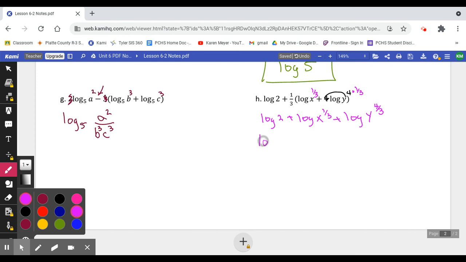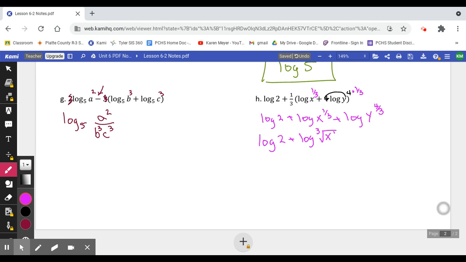Now, anything that has a fraction power, we get to turn into a root. So log base 2 plus log X to the 1/3 power would be the third root of X. Because remember, top number on the exponent goes inside. The bottom number is your index. Plus log, and then this one, top number goes inside, and the bottom number becomes your index.